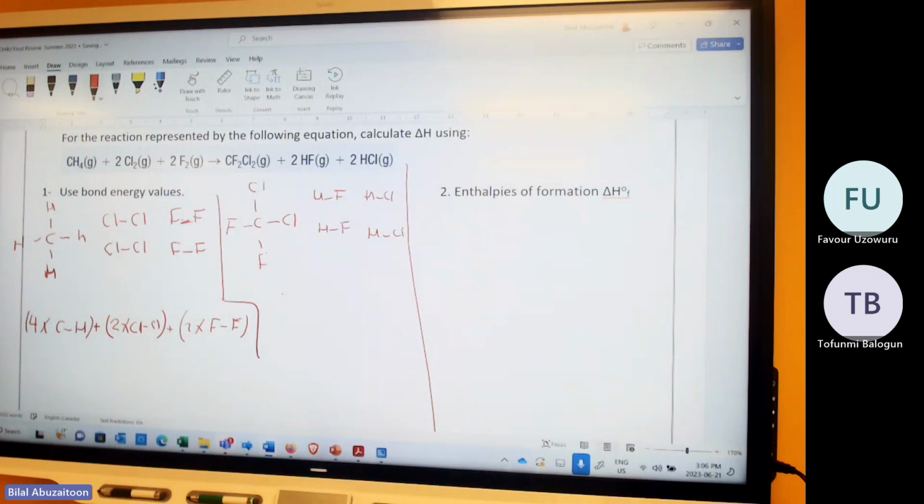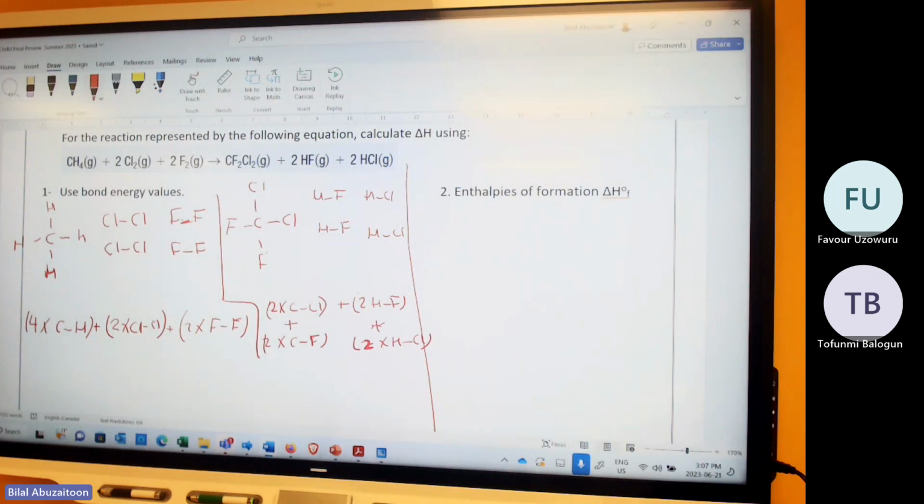On the other side, 2 times C-Cl plus 2 times C-F, plus 2 times H-F plus 2 times H-Cl. I should cover every single bond in the reactants and every single bond in the products.